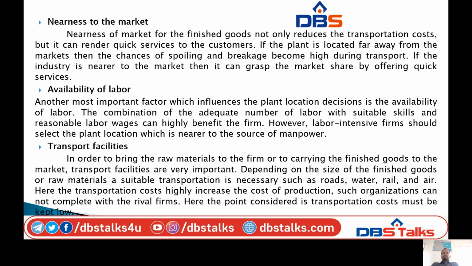However, labor intensive firms should select a plant location nearer to the source of manpower, where the transport facility, in order to bring the raw materials to the firms or carry the finished components to the market, is very important.